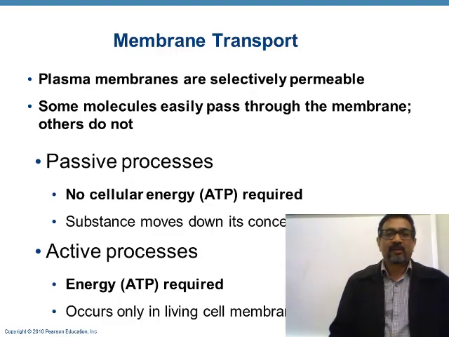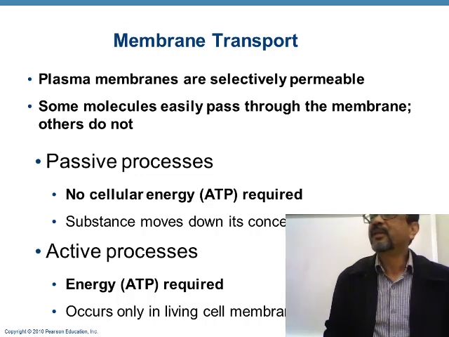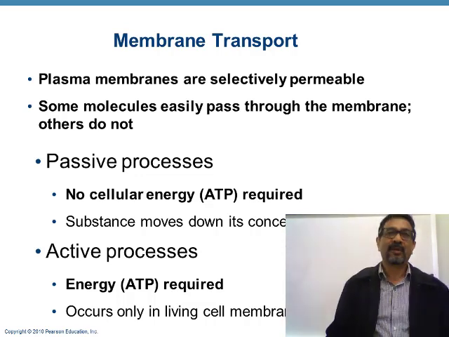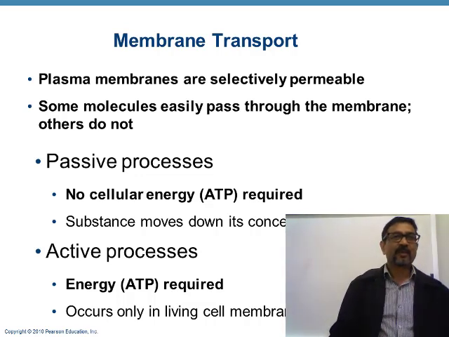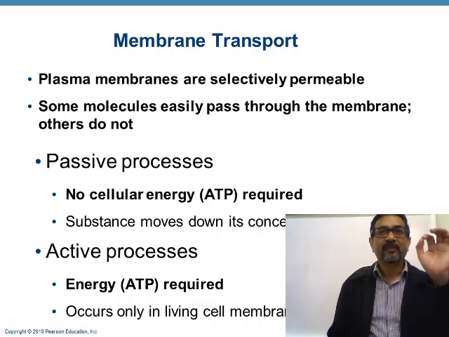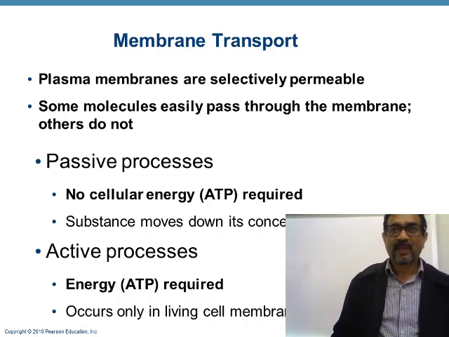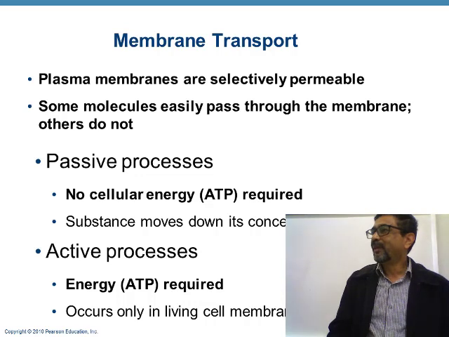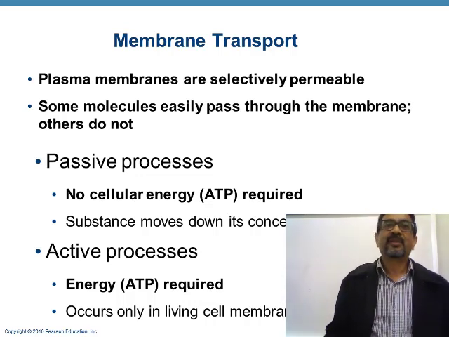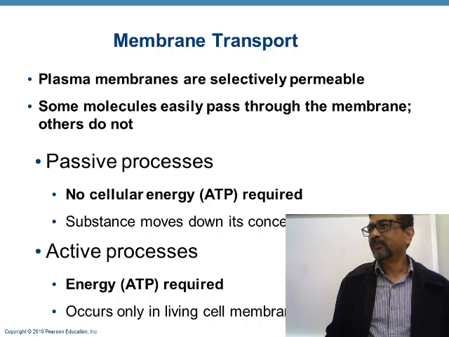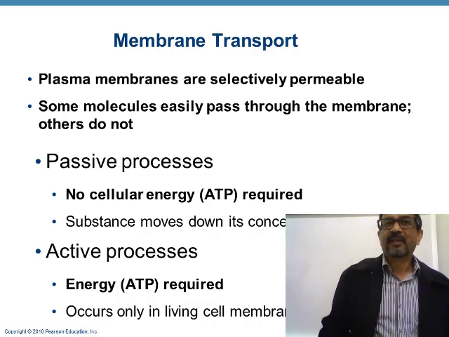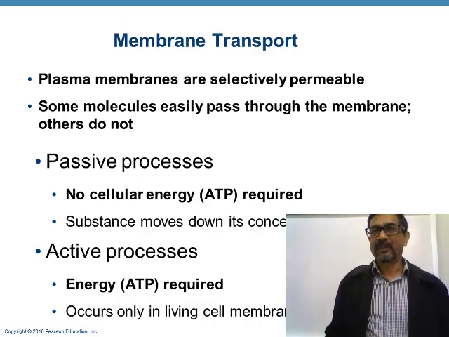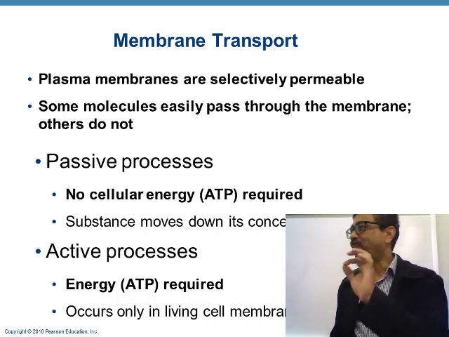You all know that the cell membrane is a semi-permeable membrane, right? Semi means partially permeable. That means the cell membrane allows certain chemicals to pass through it, but not everything. Selectively permeable. We say selectively permeable.